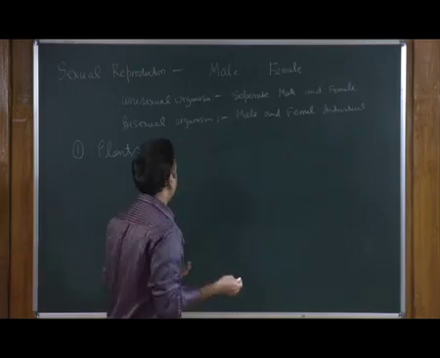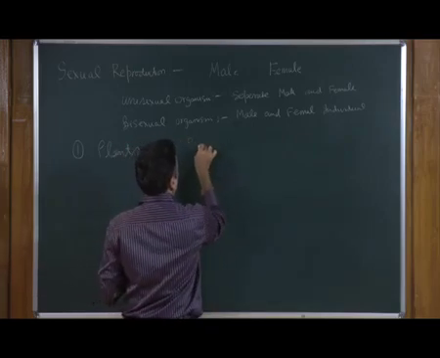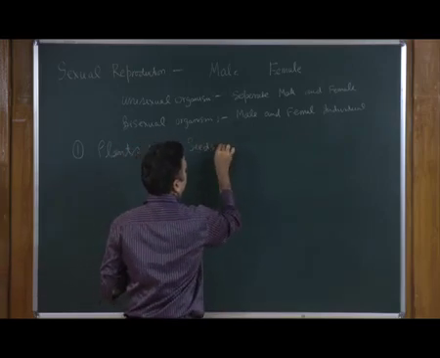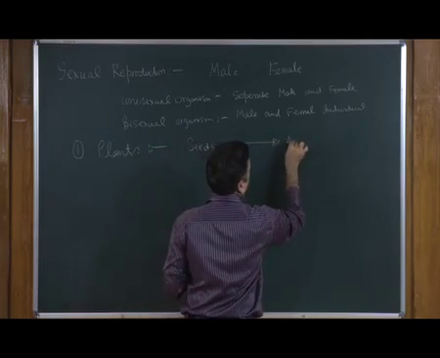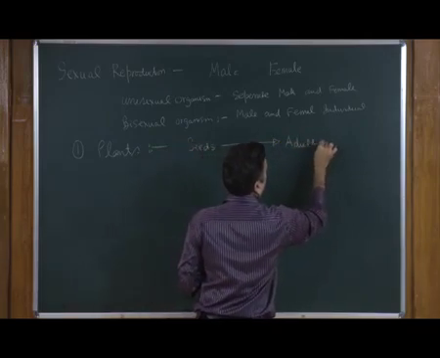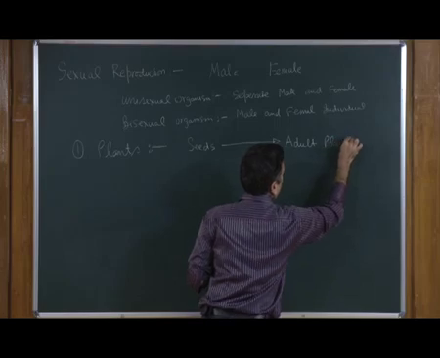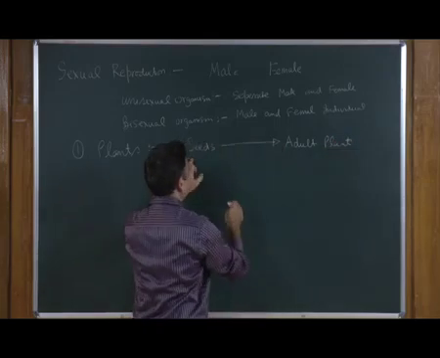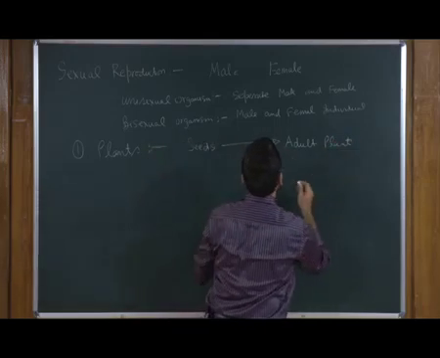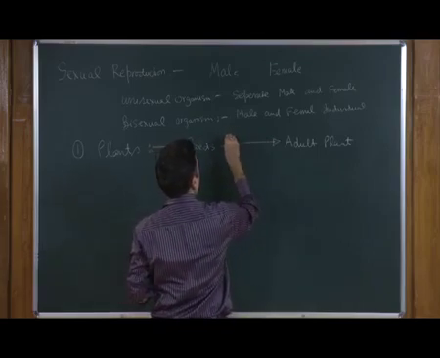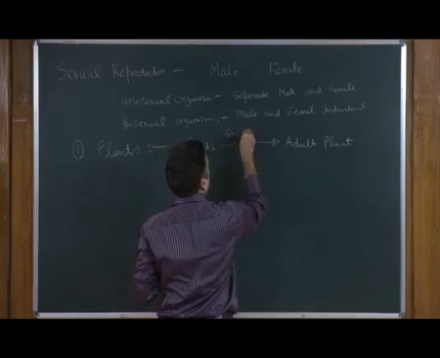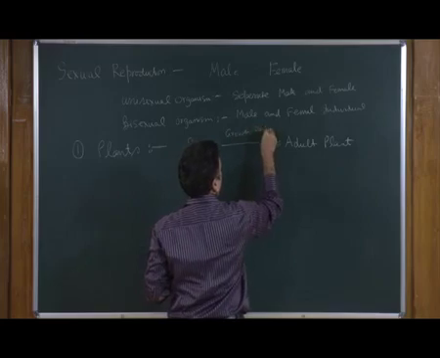As you know, the plant originates from seeds, and then they grow into an adult plant which can go on to flowering. This phase from seed to adult plant is known as the growth phase or the vegetative phase.